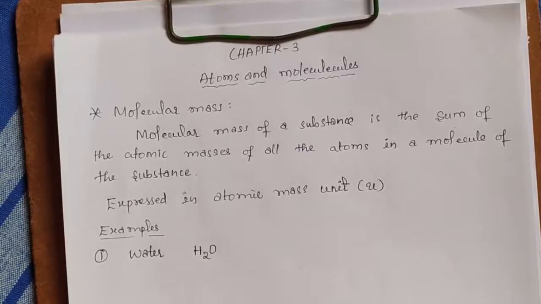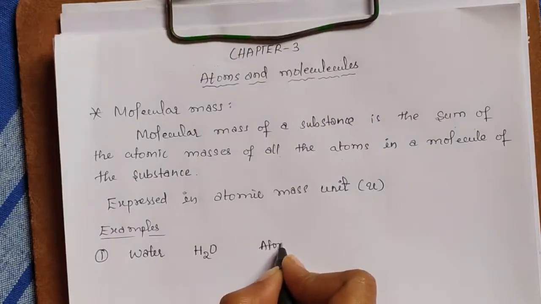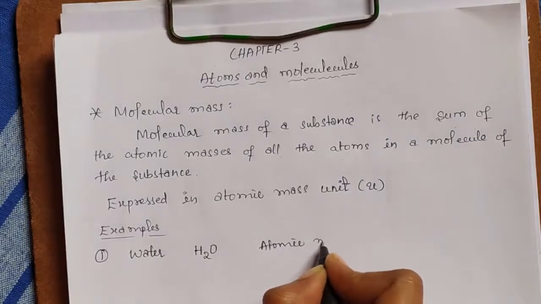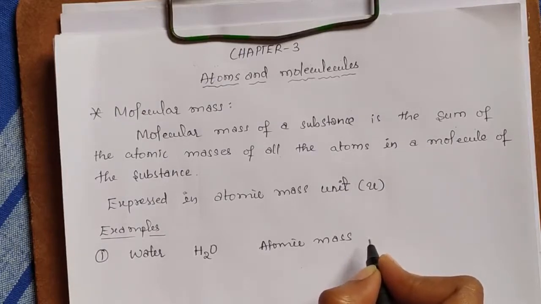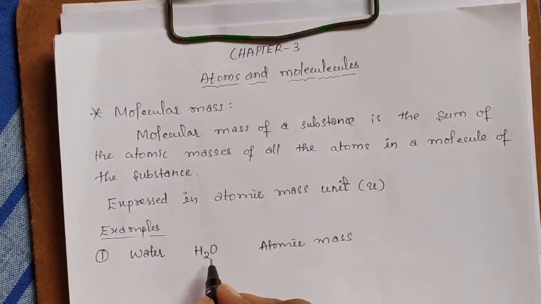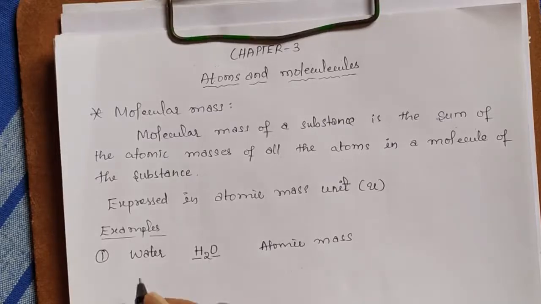Okay, first to calculate the molecular mass, we should know the atomic masses of each element of a compound. So, while calculating the molecular mass of water, we should know the atomic mass of hydrogen and oxygen.